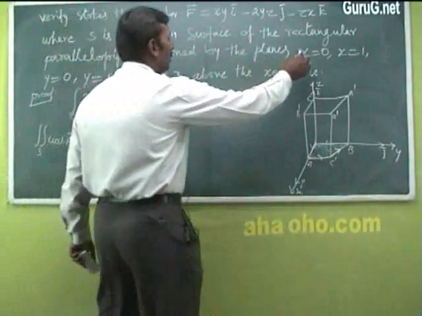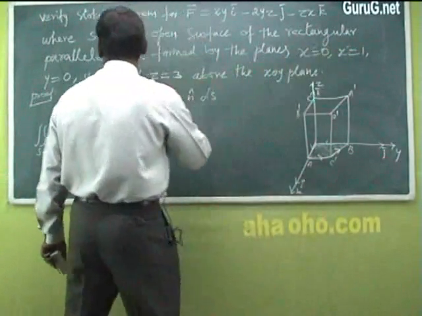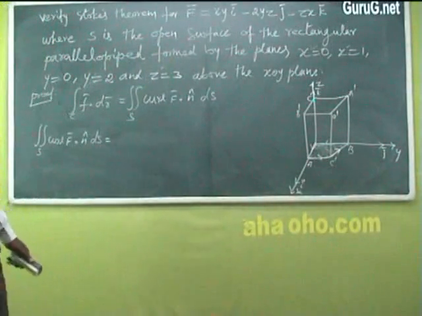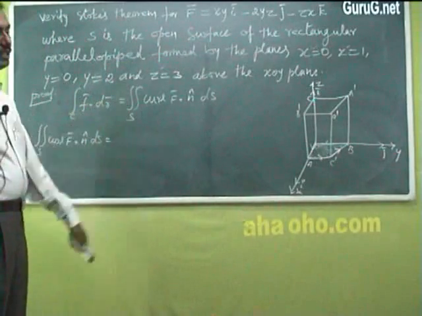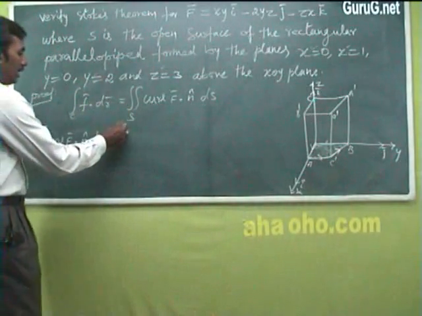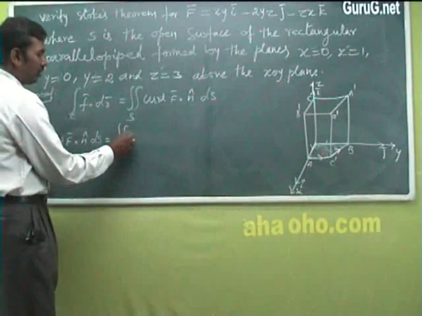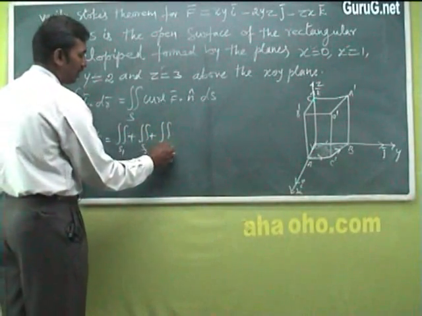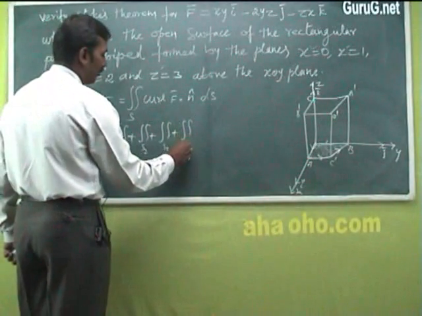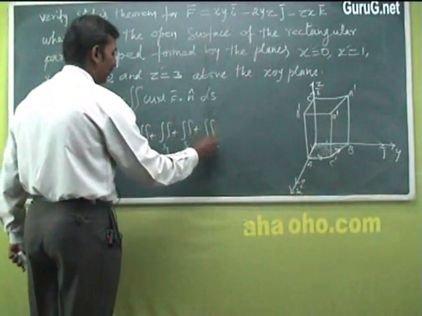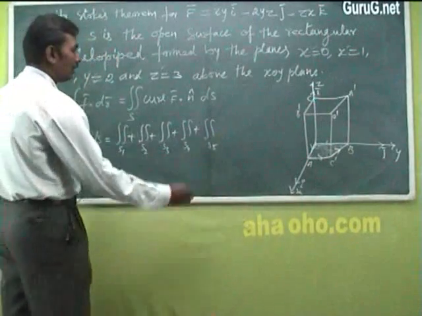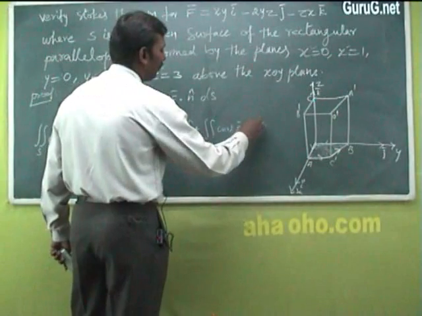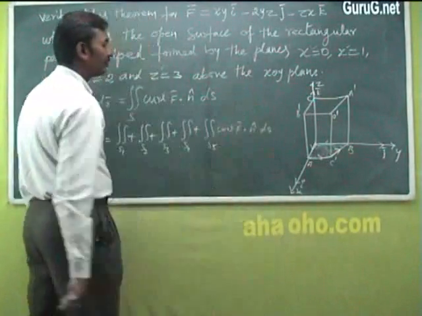The equations are x equal to 0, x equal to 1, y equal to 0, y equal to 2 and z equal to 3. So these are the equations of those surfaces, right? I'll take them as S1, S2, then S3, then S4, then S5. Curl of F dot n cap dS.